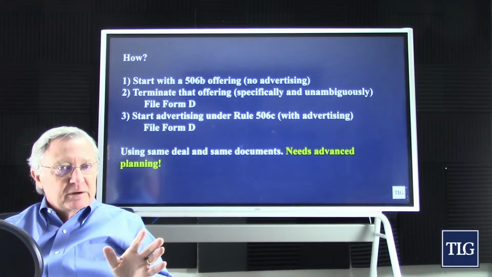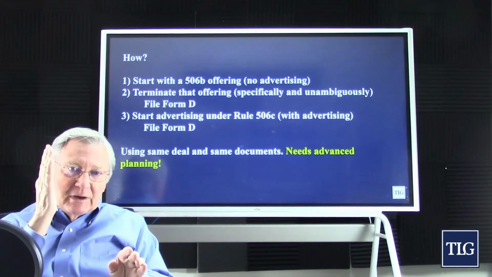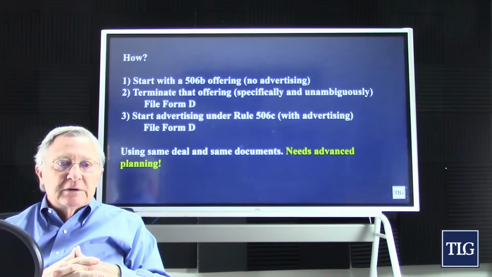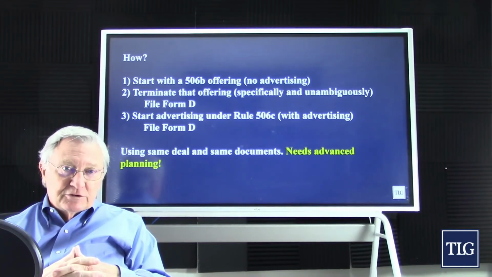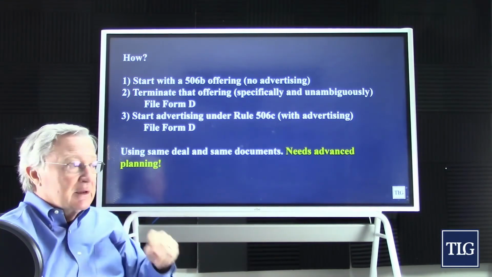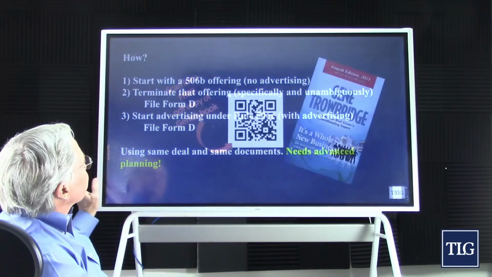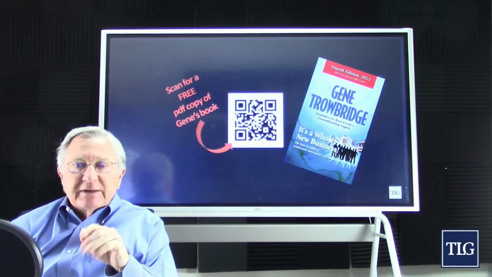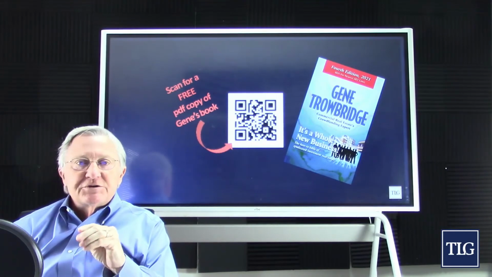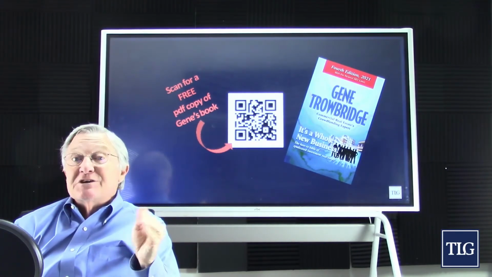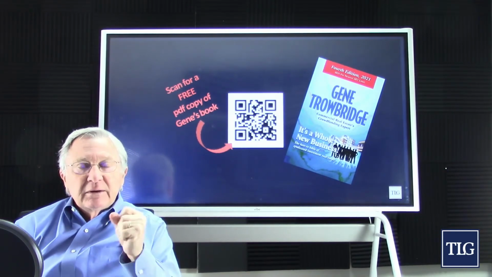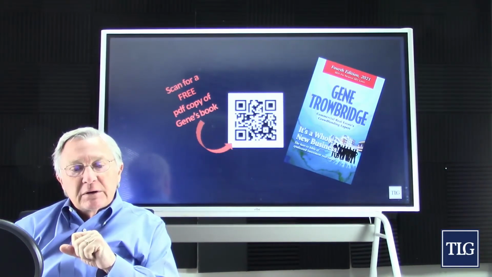Same offering, same everything. There just has to be a specific and unambiguous end to raising the money in 506B. So if you want to do something like that, you're going to contact your securities attorney and discuss that ahead of time, because we have to write that in the original documents, and that's okay, and that's pretty exciting.